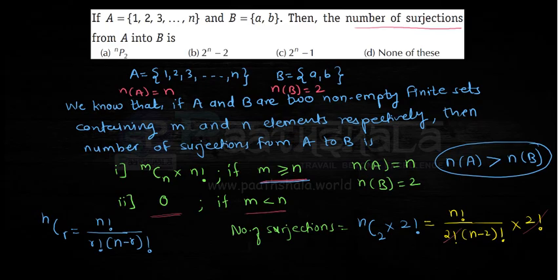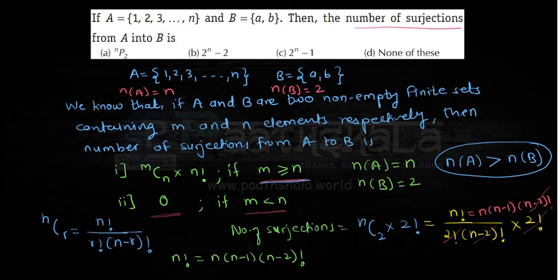But we know that n factorial can be written as n into (n minus 1) into (n minus 2) factorial. If we write n factorial like this, then we can see this (n minus 2) factorial and the (n minus 2) factorial in the denominator will get cancelled out.